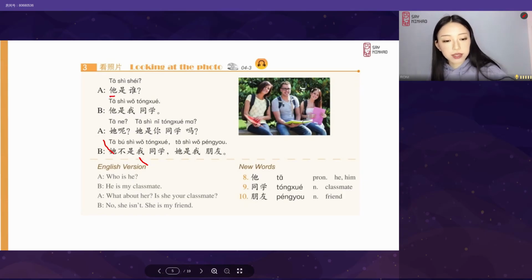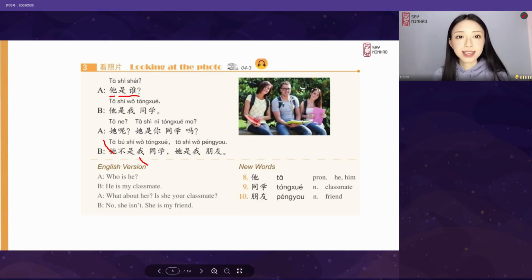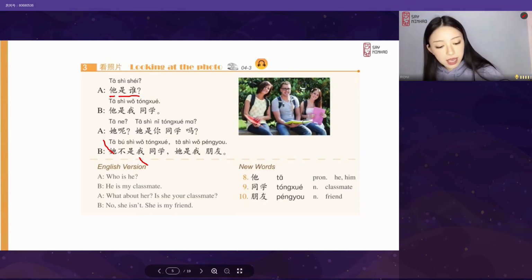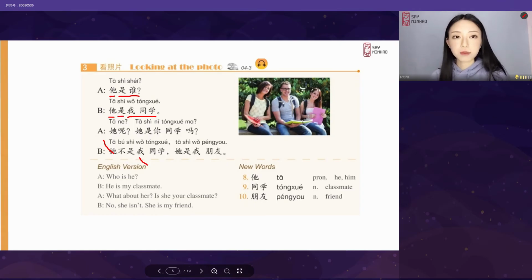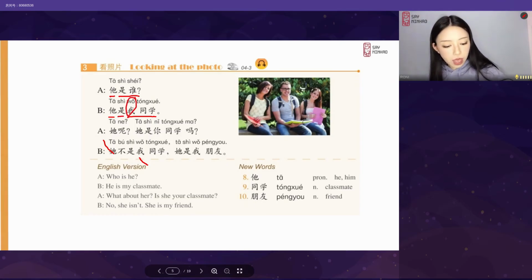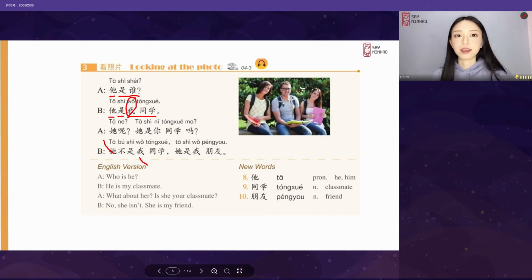First one, 他是谁? Really easy. It means who is he? And the answer is 他是我同学. He is my classmate. Do you still remember how to say my in Chinese? How to say I? It is 我, right?